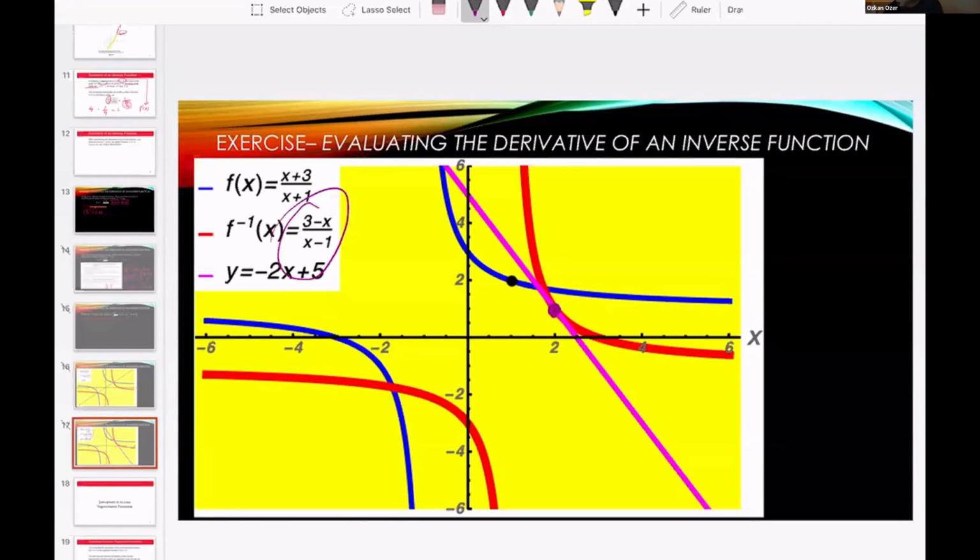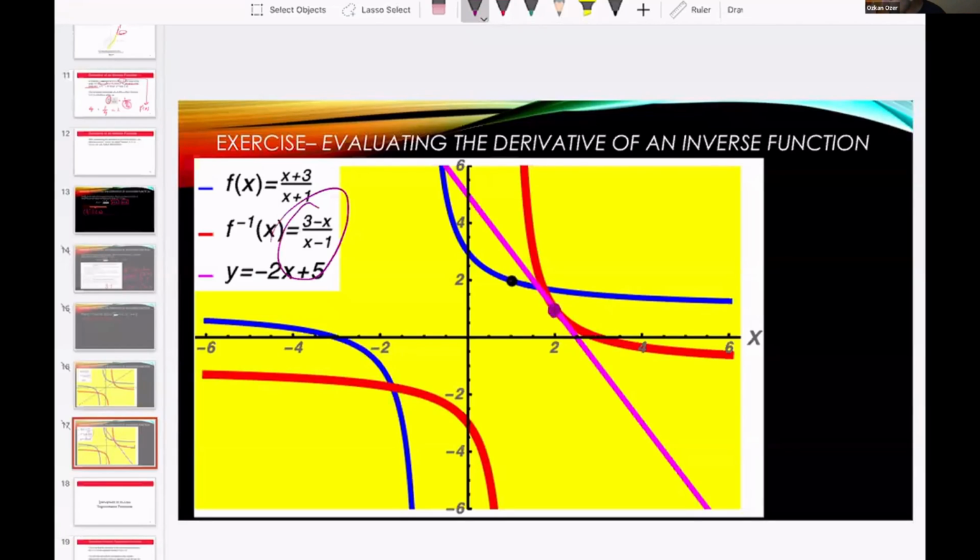As you see, what was the point? Well, x equals 2, right? F inverse of that is 1.